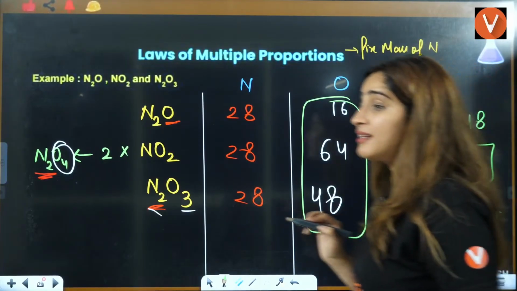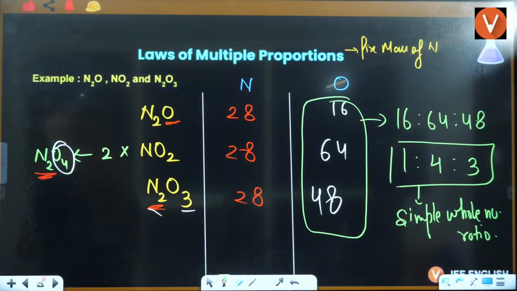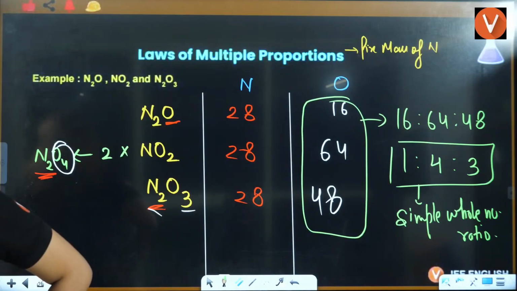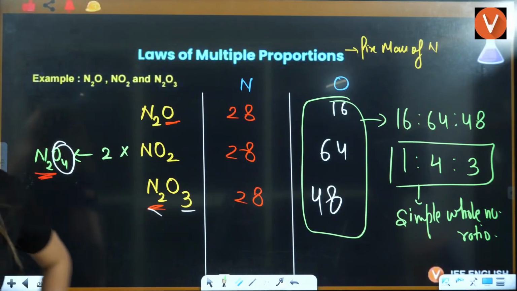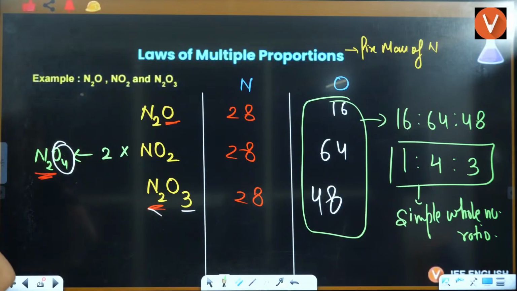That is another example of this. Okay, students, clear, everybody? Any doubt here? 1 ratio 4 ratio 3 is going to be the correct answer here.